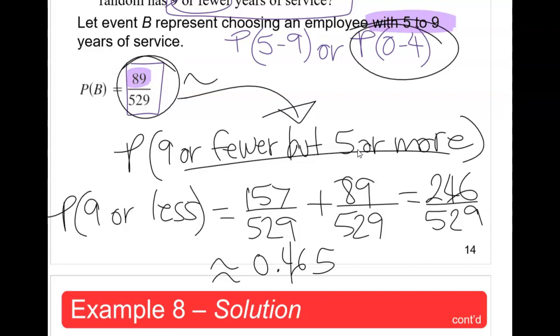For the one that we have here, to me, it's between 5 and 9. That would be an even nicer way to say it. Between 5 and 9 years of service, that would be 89 out of the 529 total employees. So that would be approximately 0.1682.